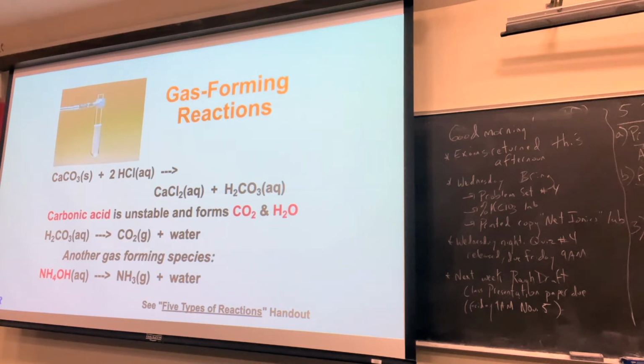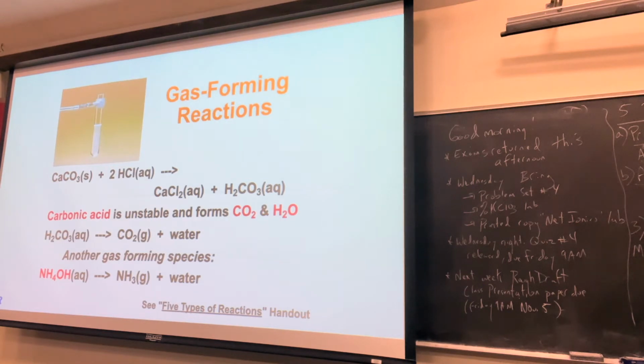So if you were writing this reaction with calcium carbonate, you could write it generically as MCO3, because it's a metal carbonate, and you're reacting it with some type of acid.